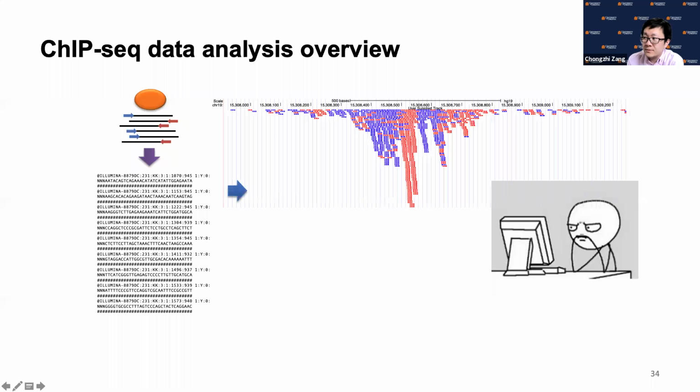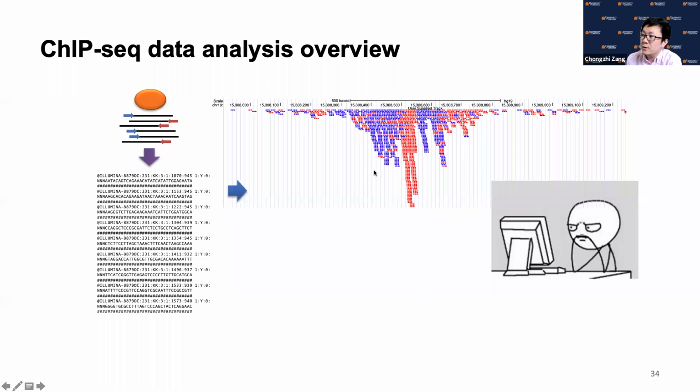In general, the strategy is to realign these short sequence reads back to the genome and pile them up. This is a snapshot of a certain region in the genome browser. Blue and red represent the sequence reads from different strands.